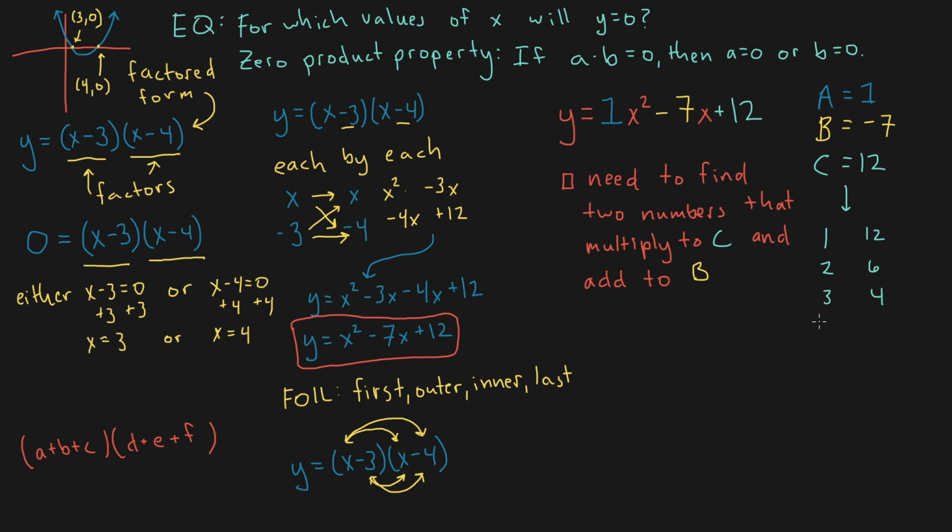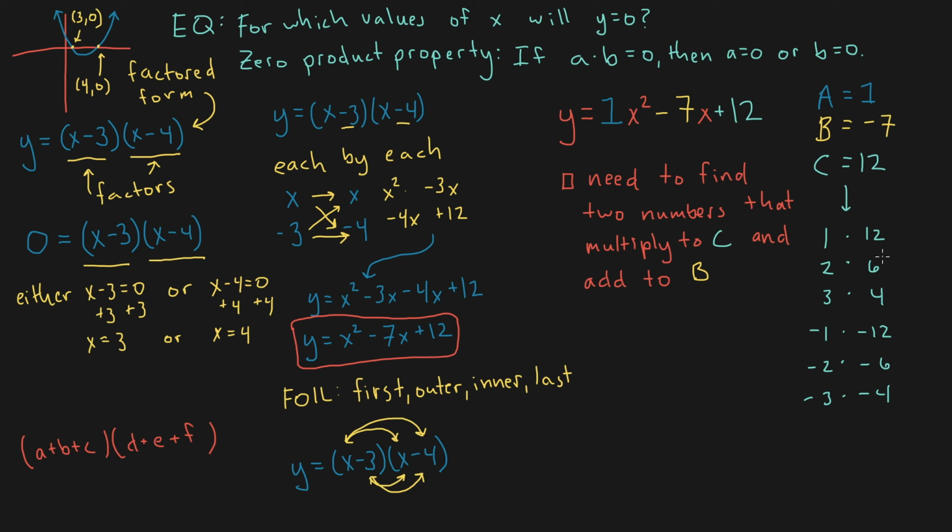And the negatives are also going to multiply together to 12. So -1 times -12, and then -2 times -6, and -3 times -4.